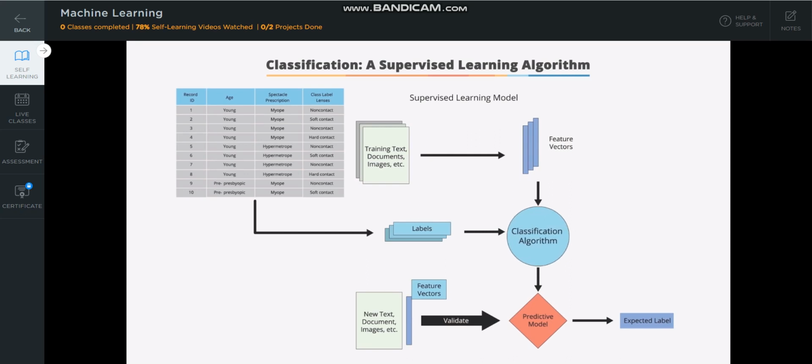The output of the algorithm is a predictive model, which is validated against some individual data that has a separate feature vector, and the validation output is the expected label. Since classification algorithms are applied to the dataset that has predefined labels, it shows that classification is a supervised learning algorithm.